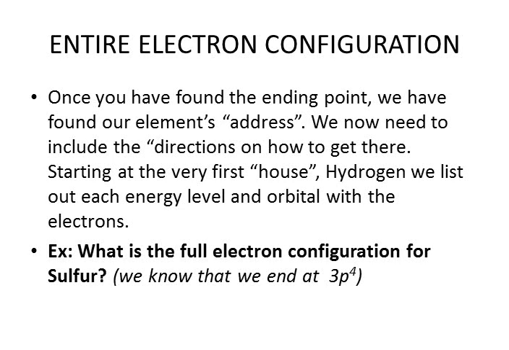So I ended at the 1s2 house before I had to turn and go on to the 2s sublevel and ended at the 2s2 house before I went on to the 2p sublevel, and I had to go over to the 6th house, which was neon, and then I had to go all the way to 3s2, and when I got to 3s2, I had to move over to 3p, and I finally end at 3p4, which is the last term.